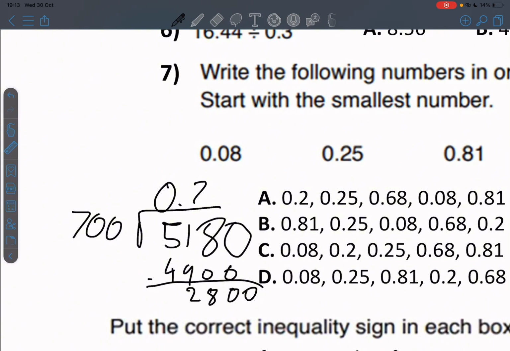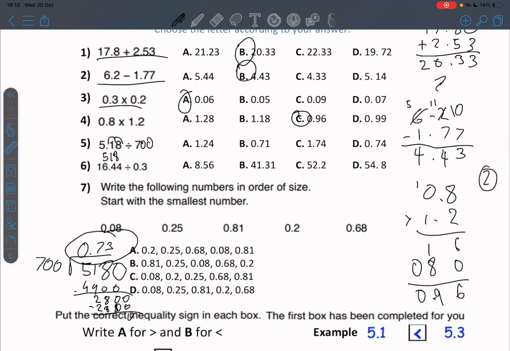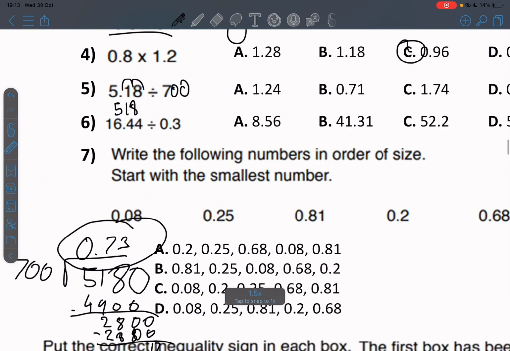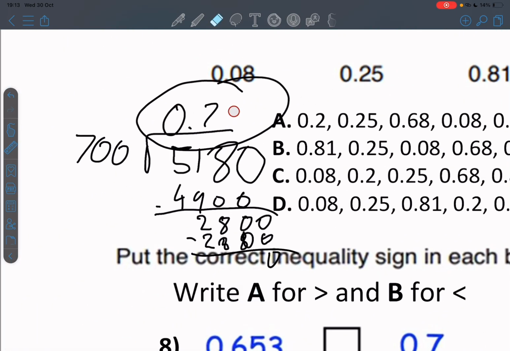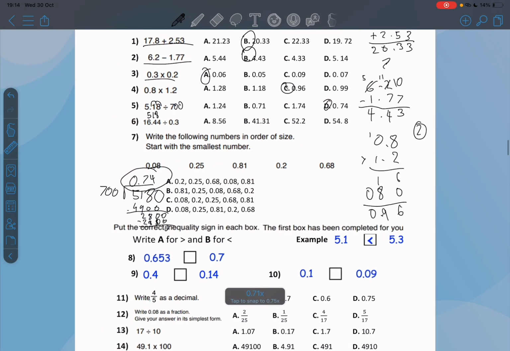If you think about how many times does 7 go into 28, it's 3 times. So how many times will it go into 700 going to 2,800? It'll be 3 times as well. And that will give us 2,800 here. Then we can minus that. And there we go, there's our answer, 0.73. Sorry, I made a mistake there. 0.74. 700 goes into 2,800 4 times. My mistake. And that will be option D right there.